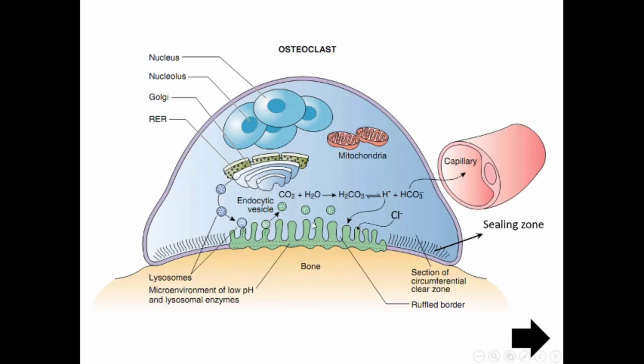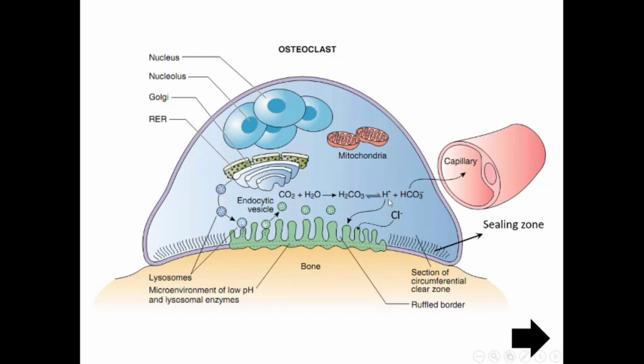Why does the cell want to increase the cell surface? The answer is here. Within the cytoplasm of this cell, CO2 plus water make carbonic acid. Then carbonic acid is converted to proton ions and bicarbonate ions.